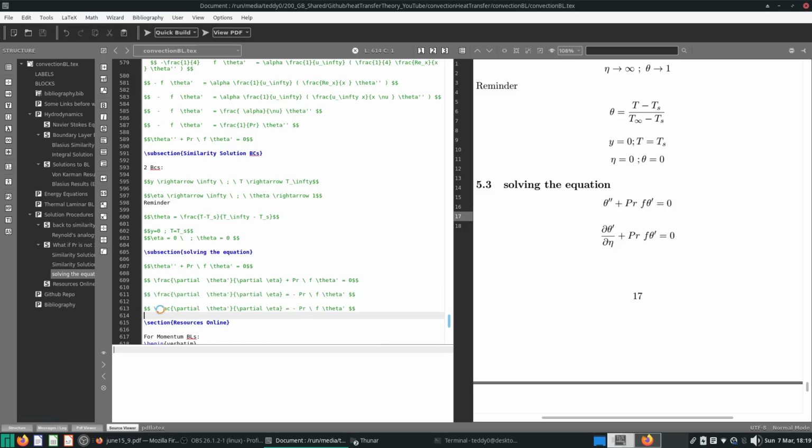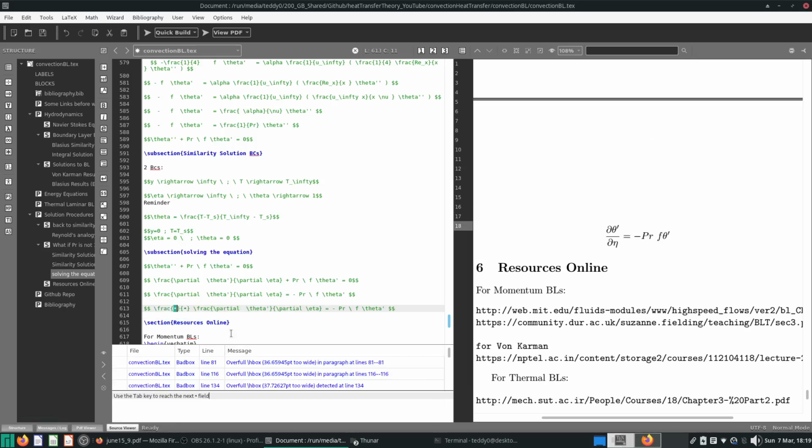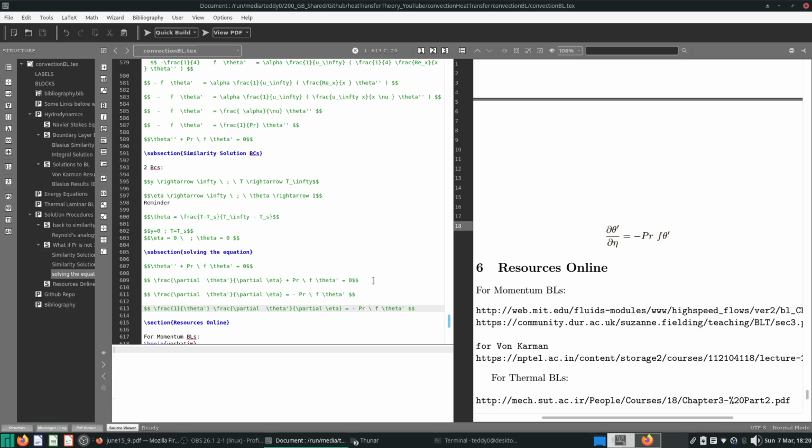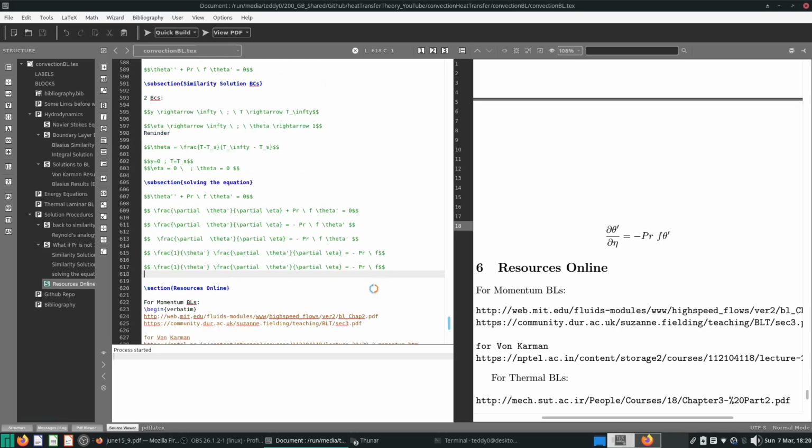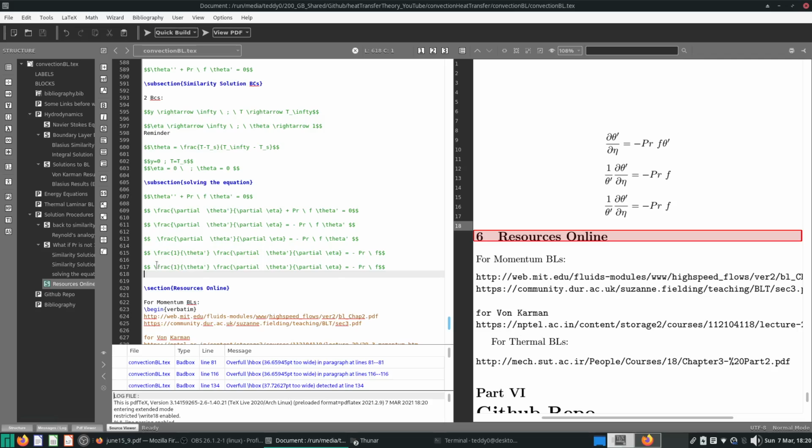So we'll just do that. 1 over theta prime, I'm going to divide throughout by that. Then we'll integrate throughout with respect to eta.